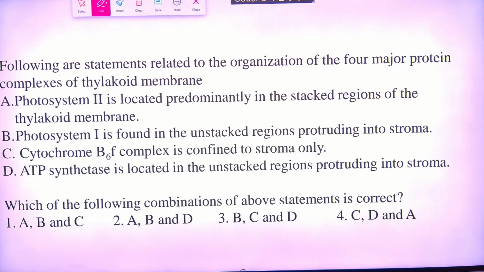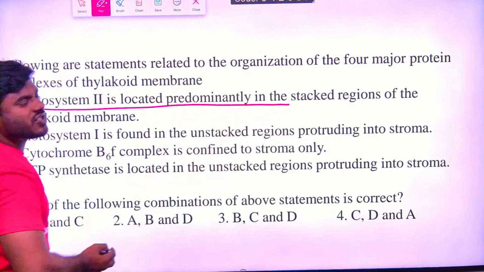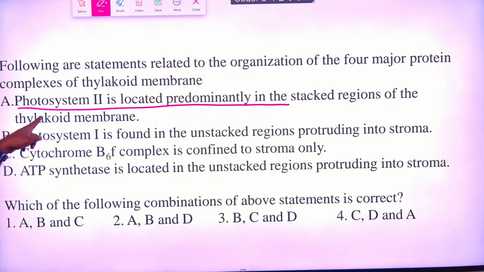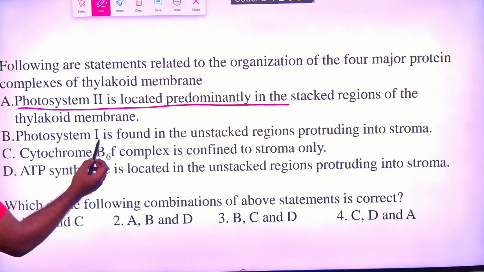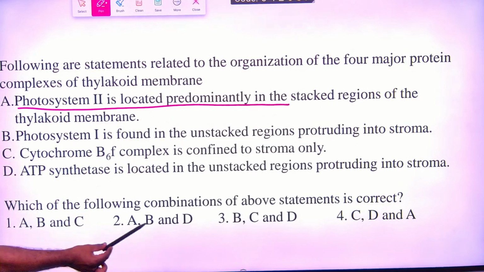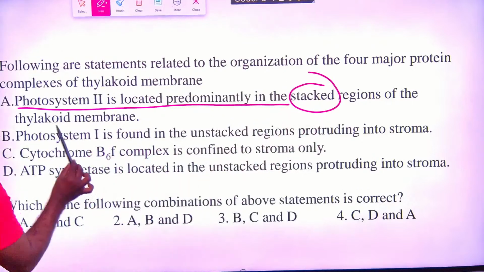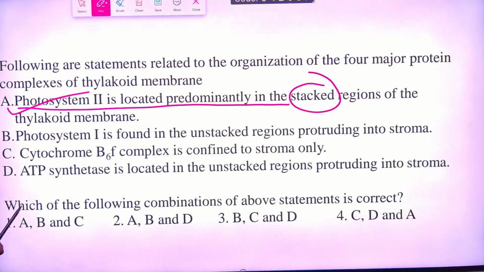All of you look into the given question. Photosystem 2 is located predominantly in the stacked regions, which is obviously a true statement. It is located on the tightly appressed thylakoids, which we generally call stacked regions. Right statement. Photosystem 1 is found in the unstacked regions, that is also right.